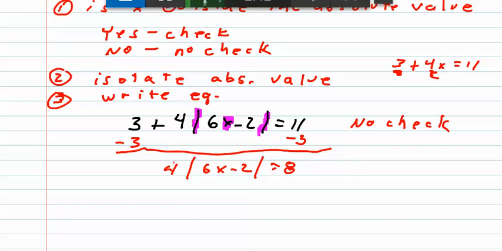Notice my absolute values do not look like ones. They're distinct. Now, one problem that a lot of you have been having is what is the operation between the 4 and the absolute value? Is it addition, subtraction, multiplication, or division? Clearly it's not addition or subtraction.